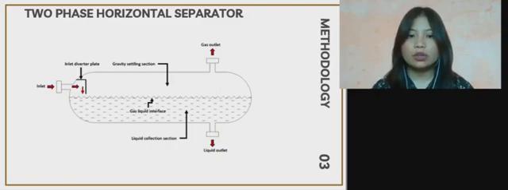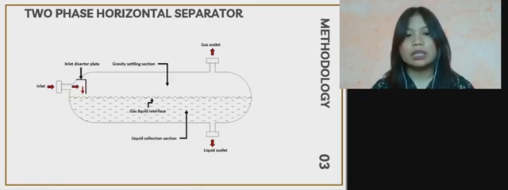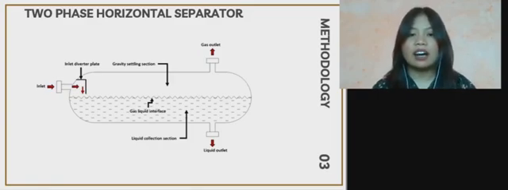As the gas flows through this section, small drops of liquid which are entrained in the gas and not separated by the inlet are separated out by gravity and fall to the gas-liquid interface. Some of the drops are of such small diameter that they are not easily separated in the gravity settling section.